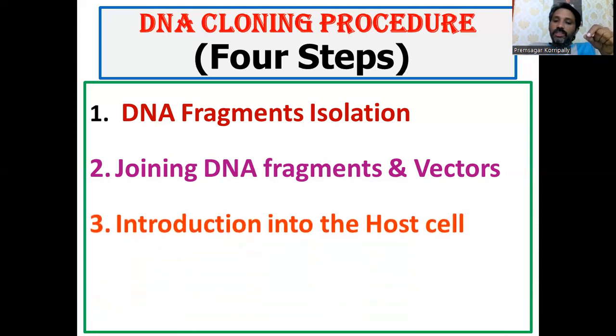And the third step is, once the vector and insert or DNA fragments are ligated, such molecules are introduced into the host cell. That step is called introduction into the host cell.